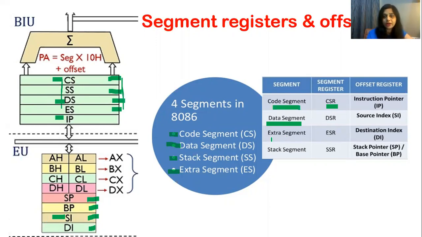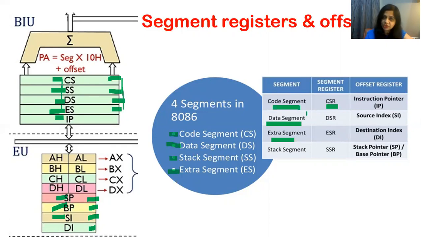If we want to calculate an extra segment address, then ESR will hold the base address, and the DI register, the destination index register, will hold the offset, that is the distance of the required location from the base location. And for the stack segment, the combination is SSR, the stack segment register, and you can use either SP or BP, that is stack pointer or base pointer.